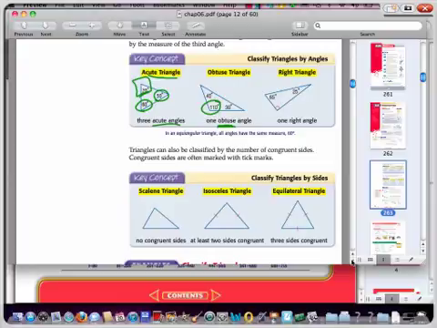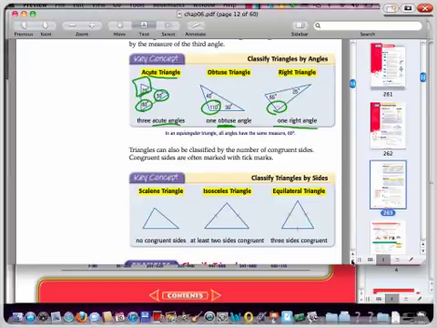It's an obtuse angle, so it becomes the obtuse triangle. And then the third option is the one that we've probably worked with quite a bit already, and that's if it has a right angle, and then we would call that a right triangle. So in classifying them by angles, we have acute, smaller than 90; obtuse, greater than 90; and right, if it is 90. Those are our three triangles.